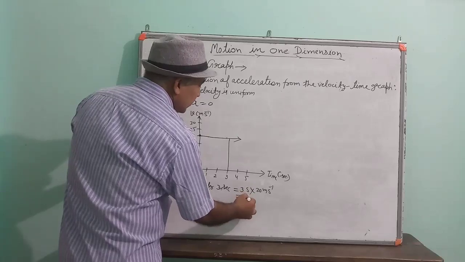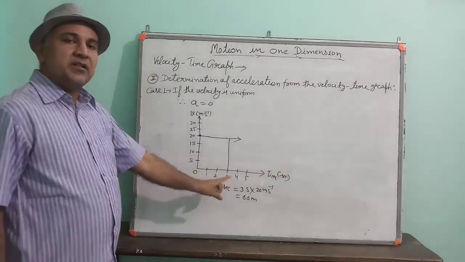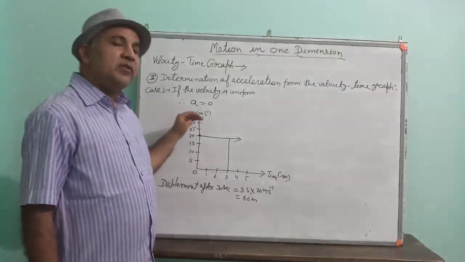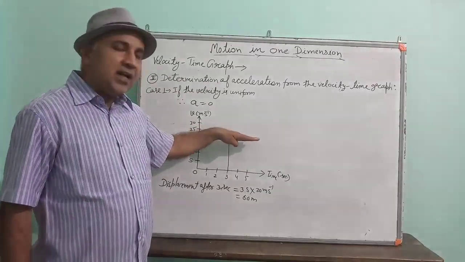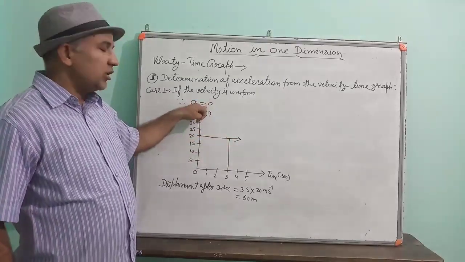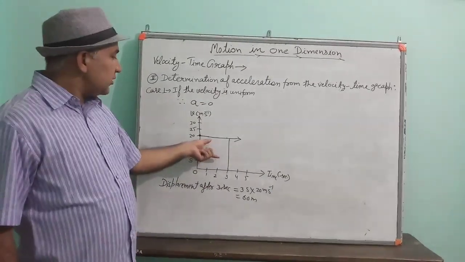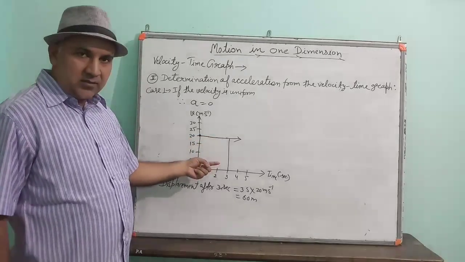So 20 into 3, 60 meter. In this case, displacement is 60 meter. Understood? If the object is moving with uniform velocity, we will find a line parallel to the x-axis. In this case, acceleration will be 0 and displacement will be the area covered between the graph and the x-axis.